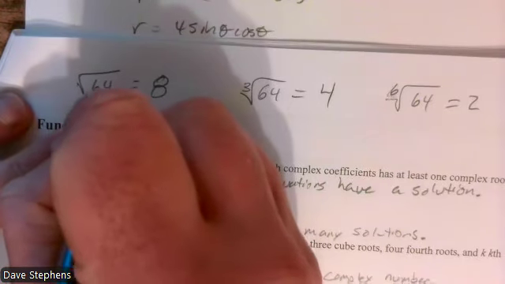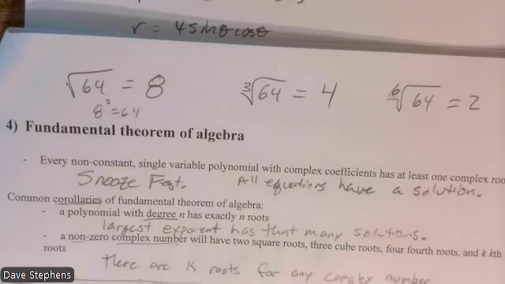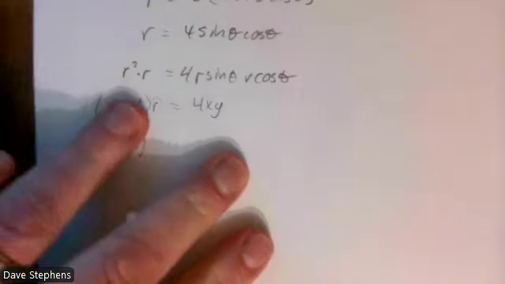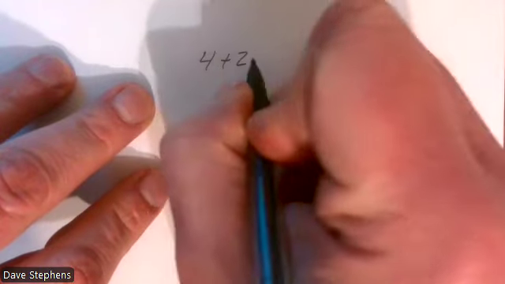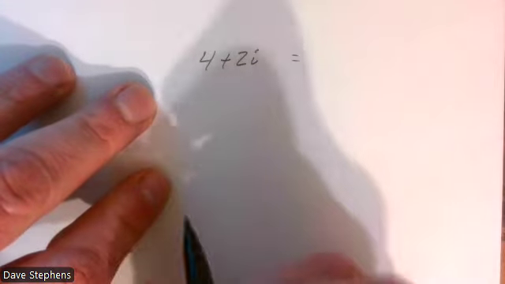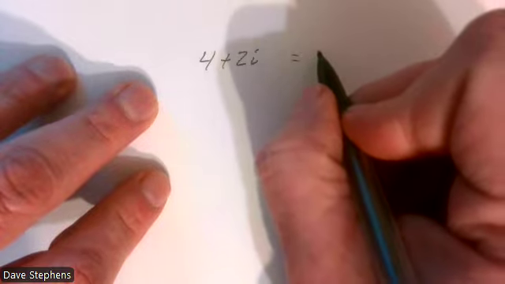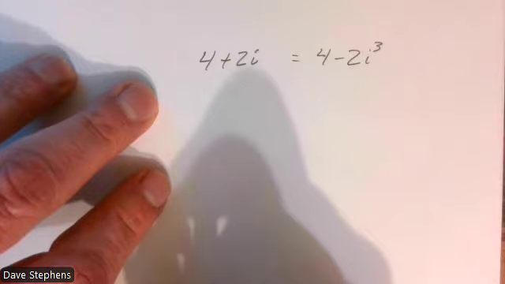8 squared is 64. Now, with complex numbers, different numbers can end up being the same. I know that sounds a little strange. What I mean by that is that this idea of 4 plus 2i would be equivalent to 4 minus 2i cubed.